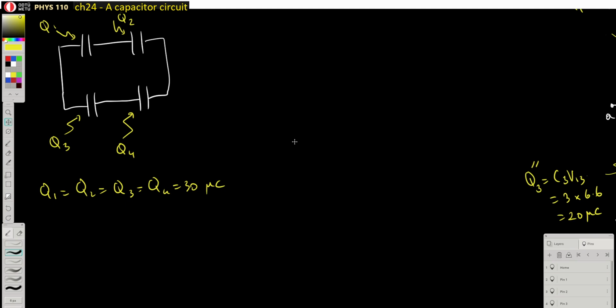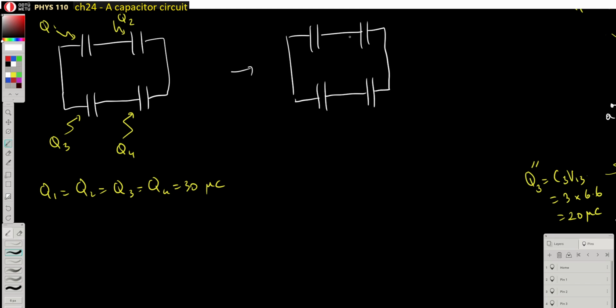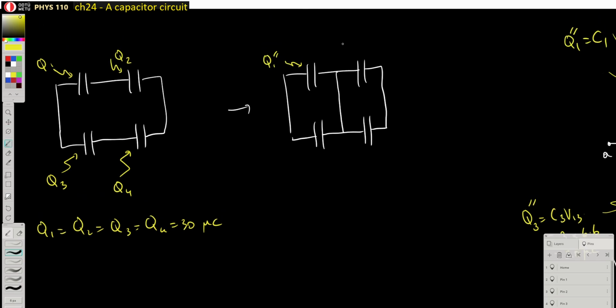And then there's a change that happened. So the circuit has changed, and we now have a circuit like this, where these 2 points are connected now, in which case I call the charge on these plates, these are basically the charges on the positive plates, because I know that the charges on the negative plates are the negative of these.